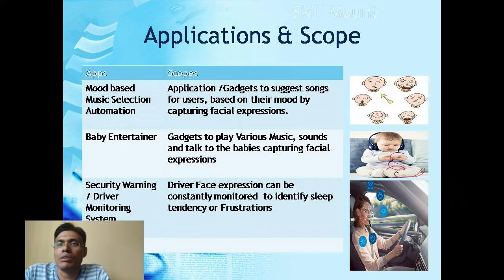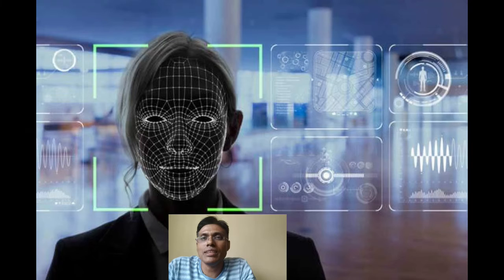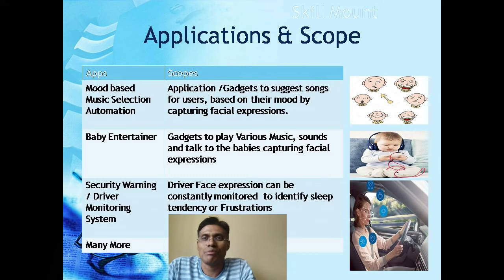Assume that you have a gadget for the kid that interacts with the kid based on his facial expressions. That really can help or add value to life. Right? It can even be selection of music according to the kid's facial expression.